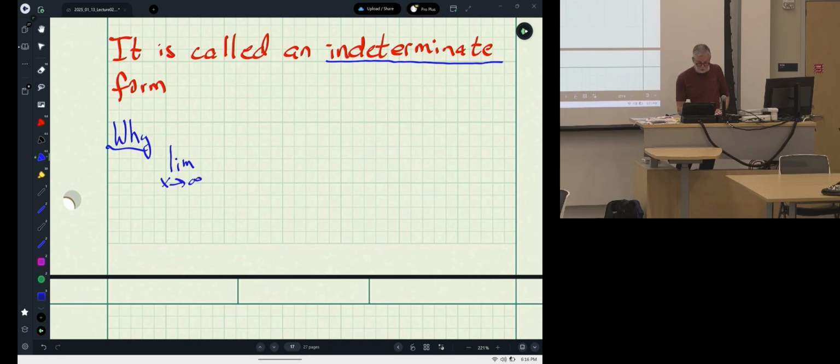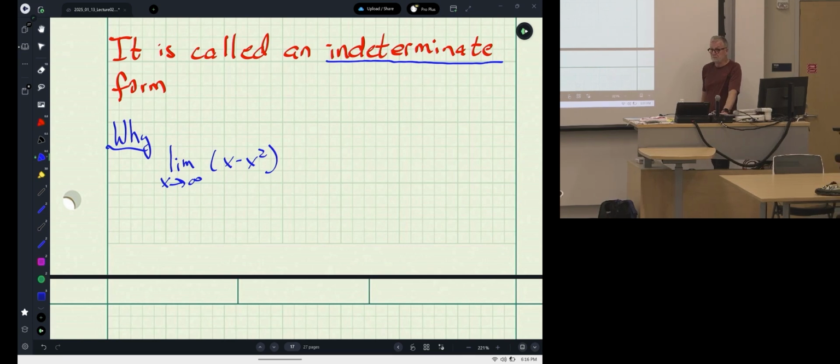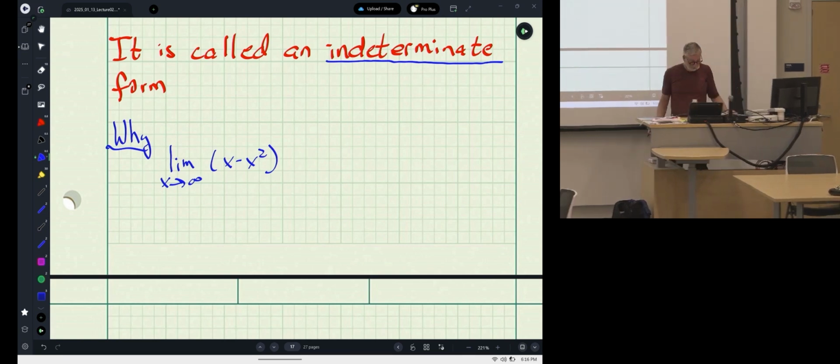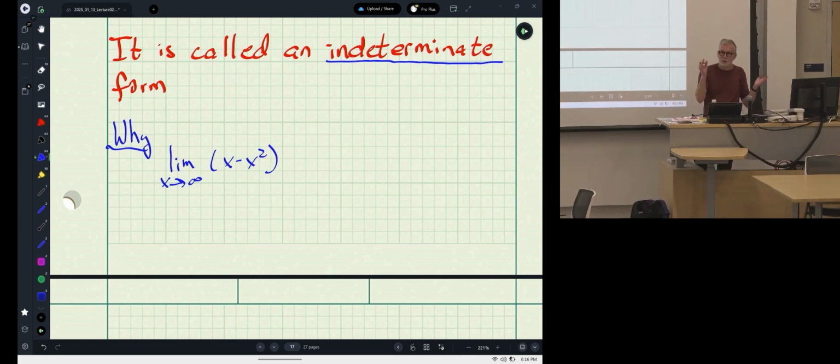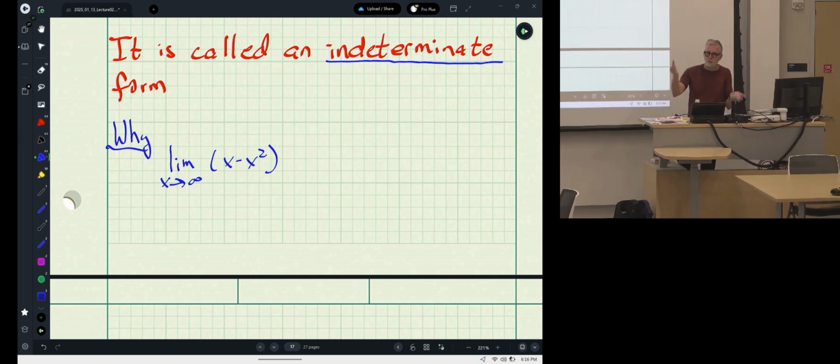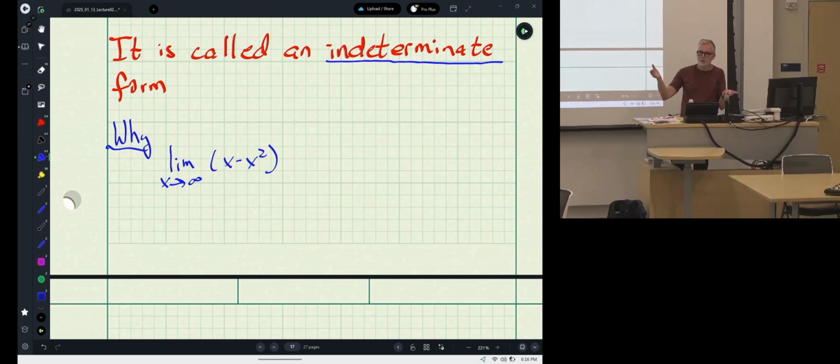If I do the limit as x goes to infinity of x minus x squared, what do I get? Which one dominates, x or x squared? X squared. And it's got what sign in front of it? Negative.